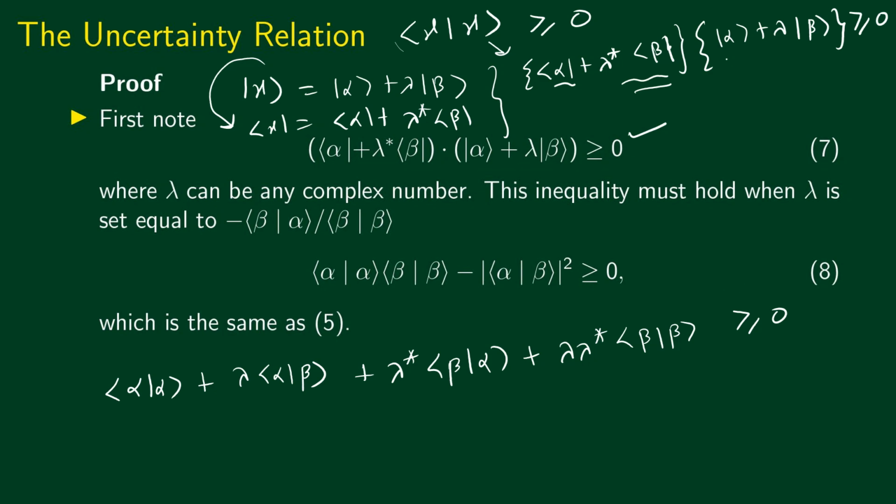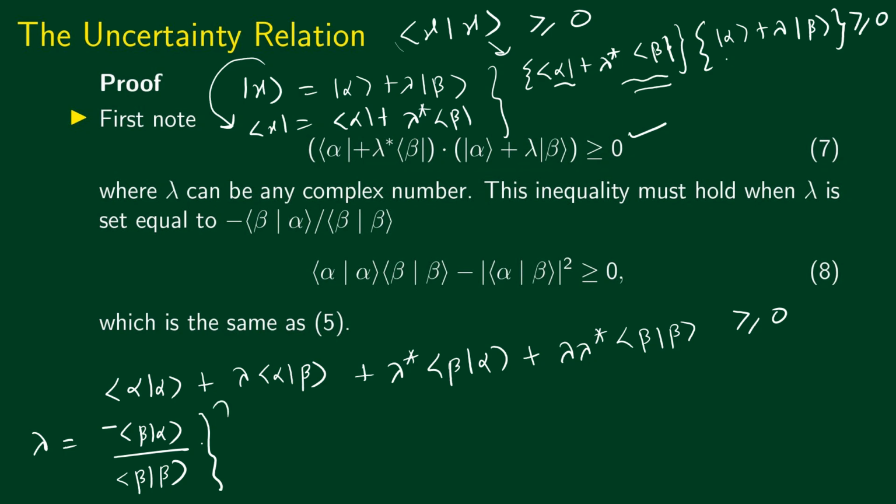So we can try this relation for lambda equal to minus bracket beta alpha divided by bracket beta beta. We substitute this lambda in here.